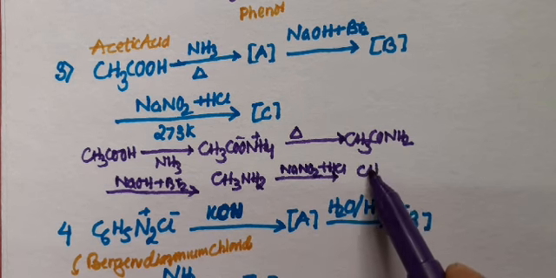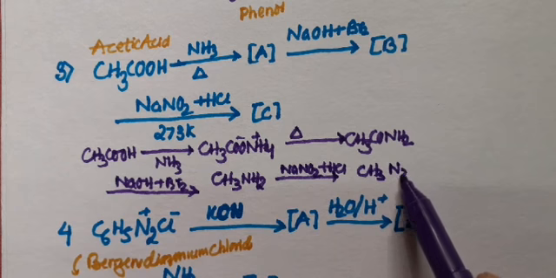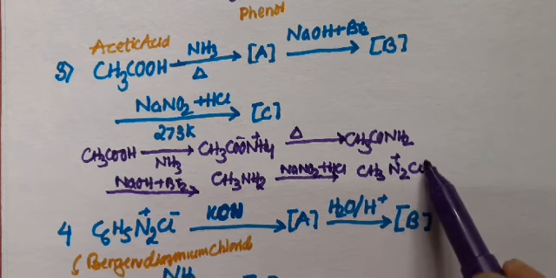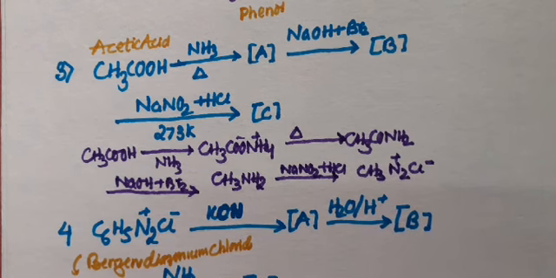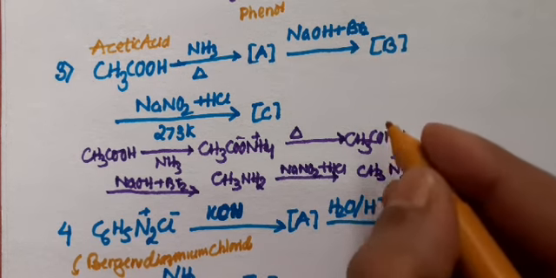It is converted into CH3N2+Cl-. So therefore we can identify A, B and C.